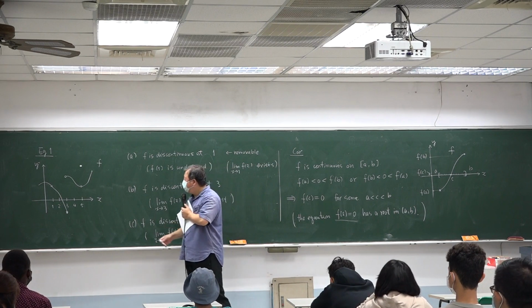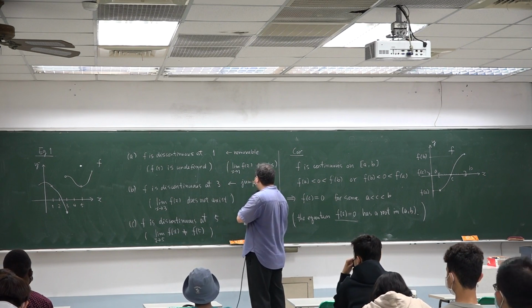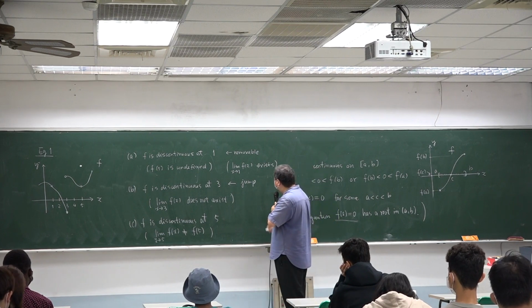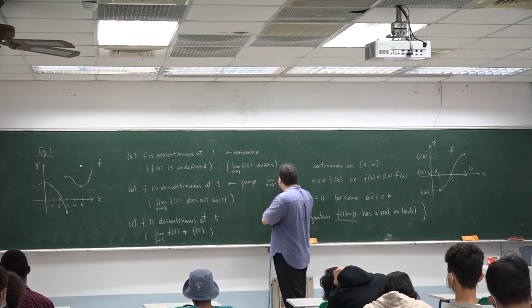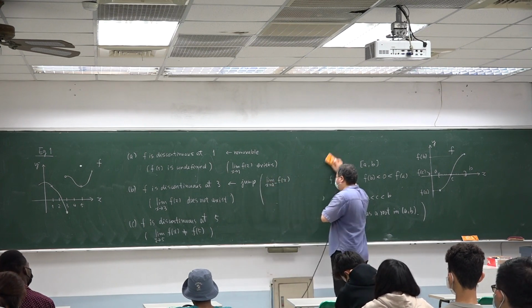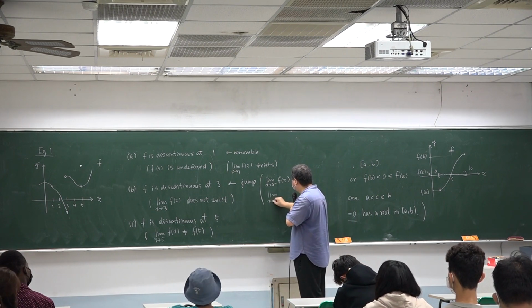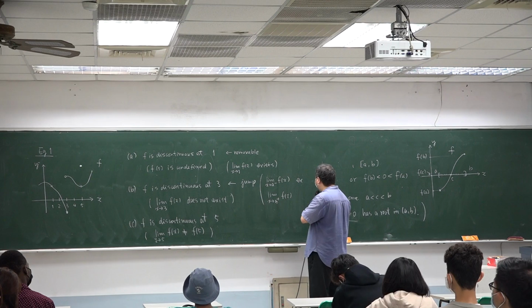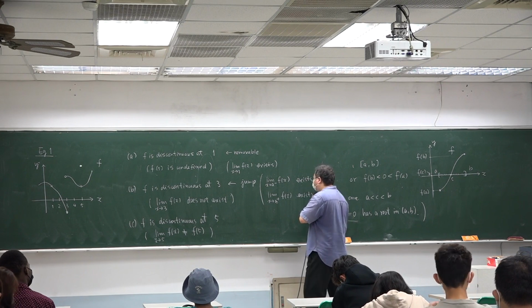And this discontinuity is a jump discontinuity, because the one-sided limits exist, but they are different.